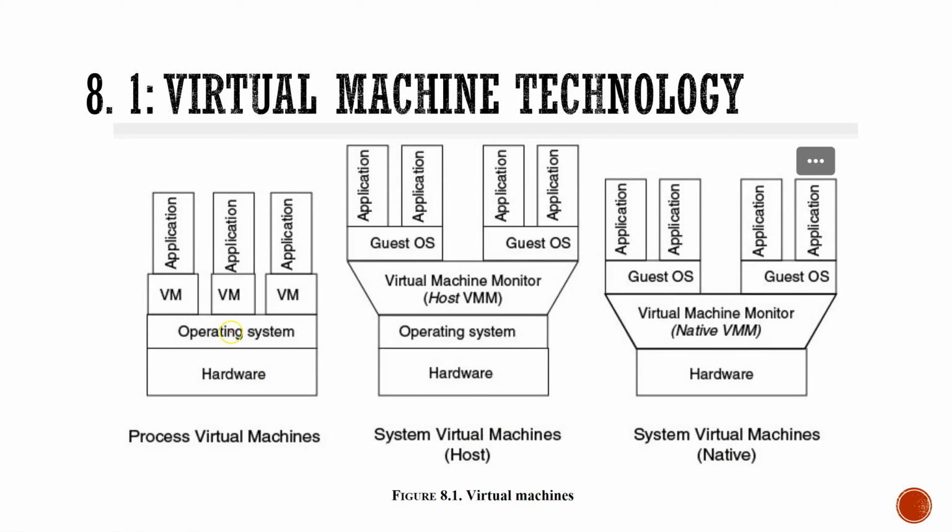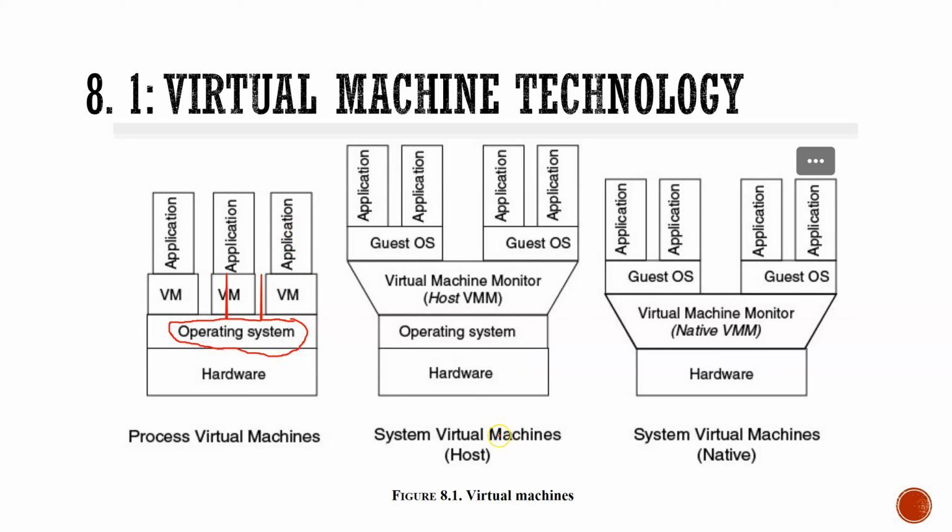The difference is that in a process virtual machine, you have the hardware, then you have an operating system, and then you have multiple virtual machines, each running their own application.